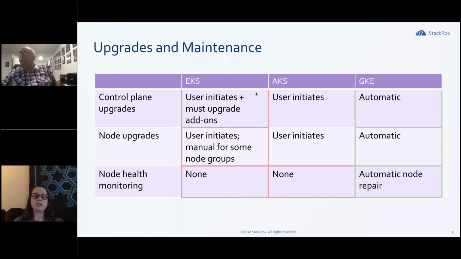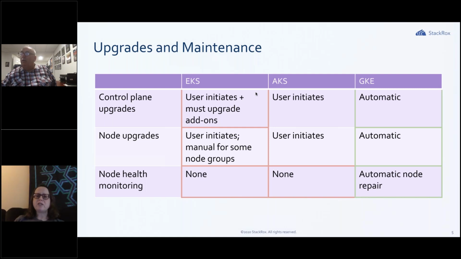You have to add a controller to support those. But EKS also considers add-ons non-optional services that they require, like their VPC network controller and their core DNS, which is now pretty much the standard DNS provider in your cluster. The user must upgrade those services, which can be a fair amount of work.